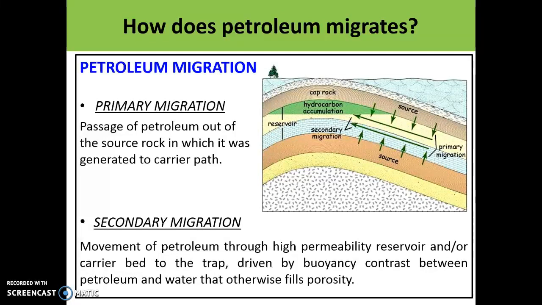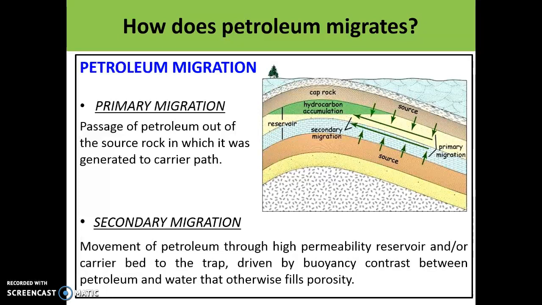I hope you should be able by now to explain the whole concept of the petroleum system. How does petroleum migrate? Considerable evidence suggests that petroleum has migrated from its source rock to reservoir formation, from which it is ultimately extracted. This migration consists of two components: primary migration and secondary migration. The best evidence of such migration is the pools in isolated sand lenses, and there are several good reasons for believing in long distance migration.